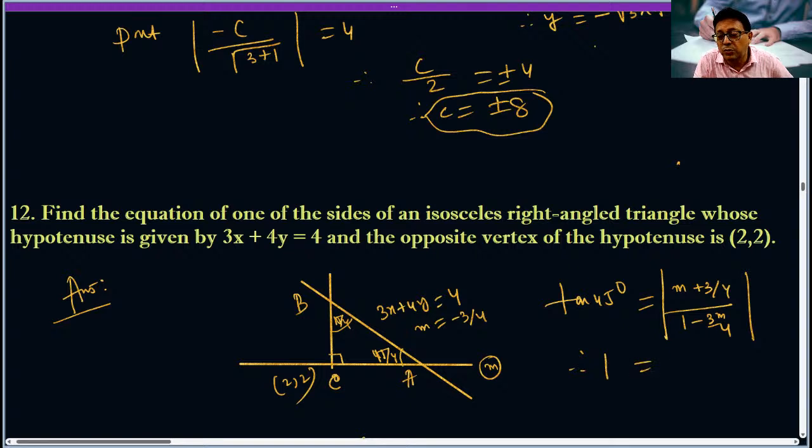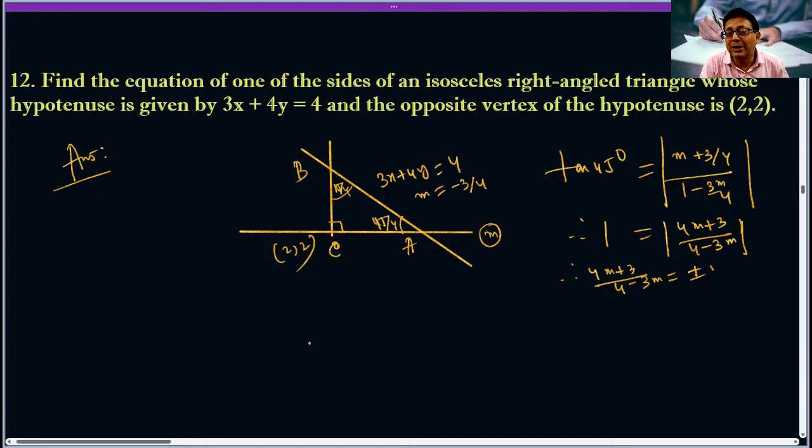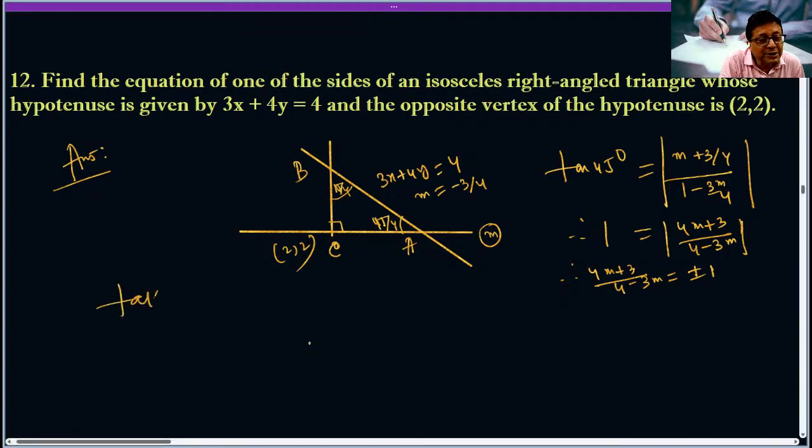So 1 equal to M plus 3 by 4 minus 3M. Therefore it is equal to plus minus 1. Based on these two values of M we have to find. So do it.